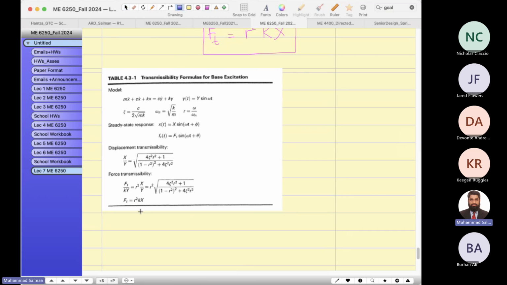So you see, we just proved that this is equal to this. This is the transmissibility for displacement transmissibility. Let us solve one problem.